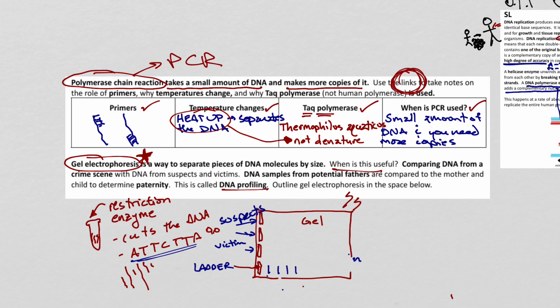And so it'll literally make like a bunch of strips here in our gel. And remember, the longer ones don't go as far. And so this might tell us that if it goes this far, it's 100 kilobases long. That's 100,000 kilobases long, whereas this one might only be 1 kilobase long. And so we could actually tell how big the DNA is by where it sits.